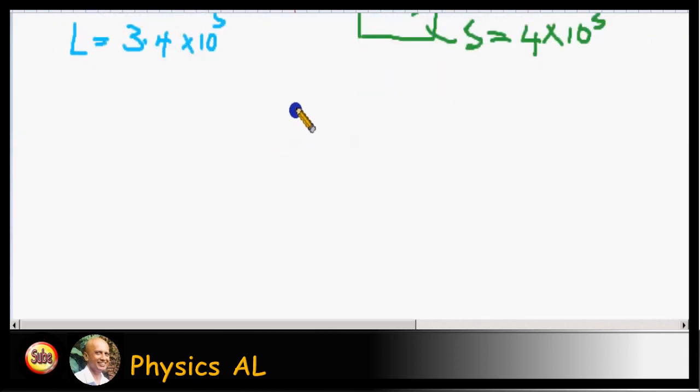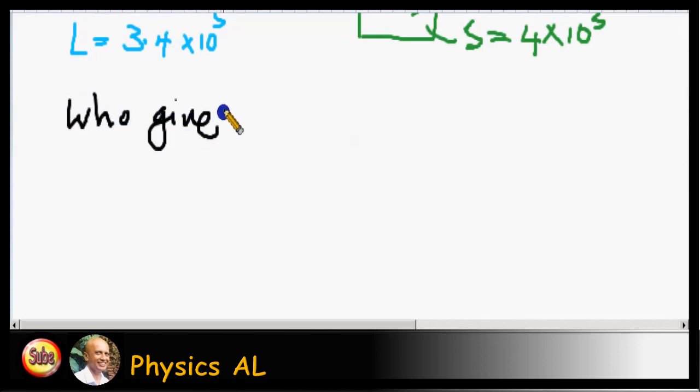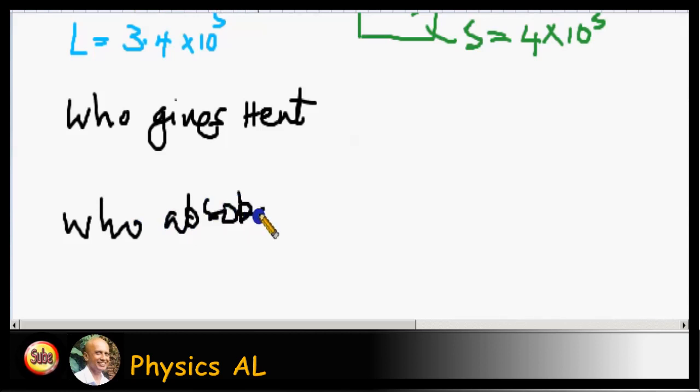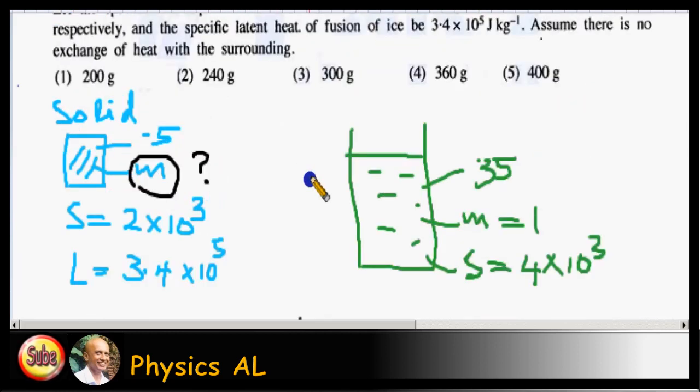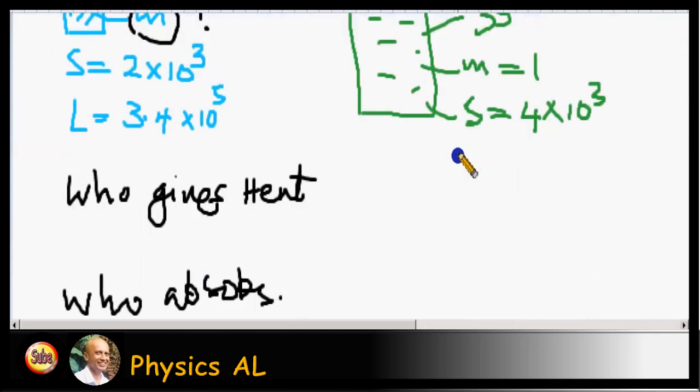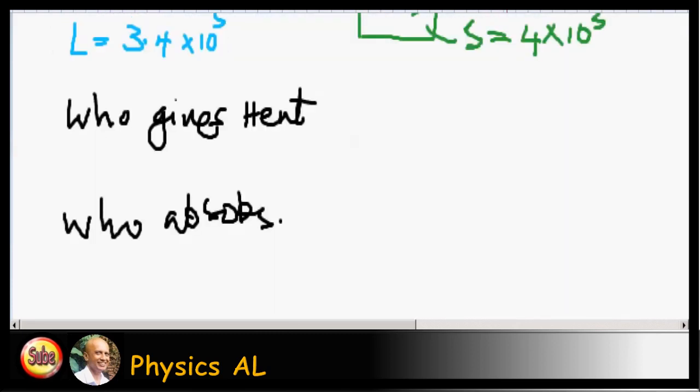So in this type of question, first we have to identify who gives heat and who absorbs. Whose temperature is higher gives heat away. In this case, water gives, or emits, heat.